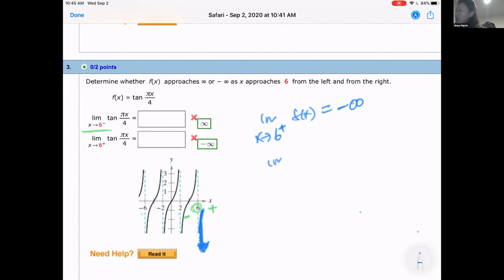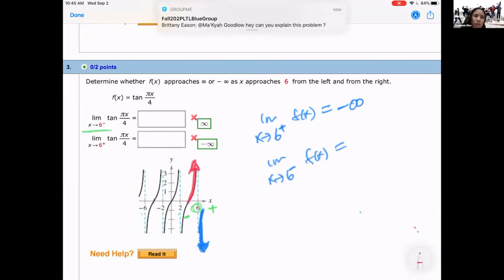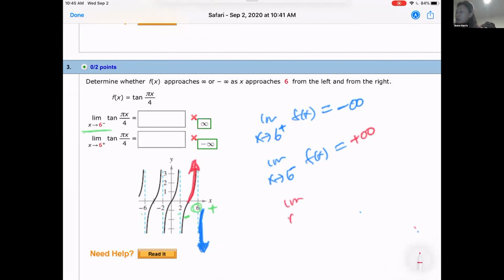Okay, what about that same number from the negative side? It is positive infinity. It keeps going up. So I can say clearly that the limit of this function does not exist, because negative infinity is not the same as positive infinity, right?